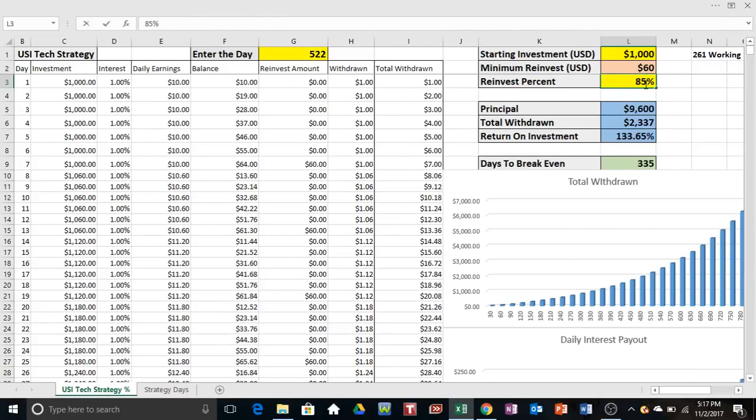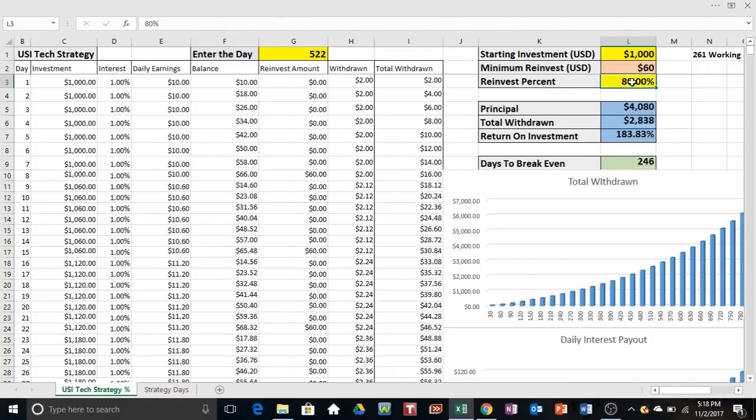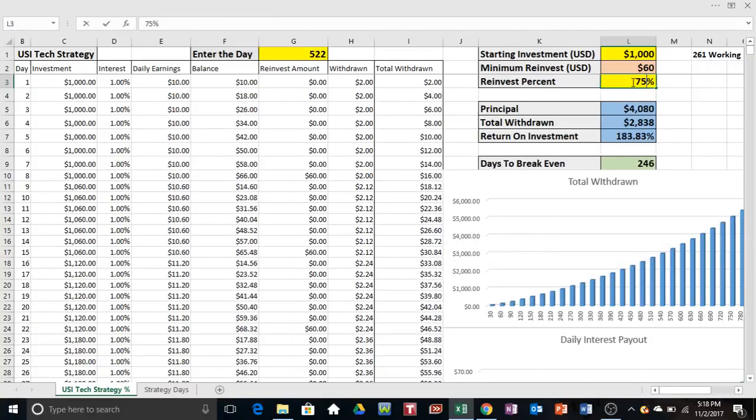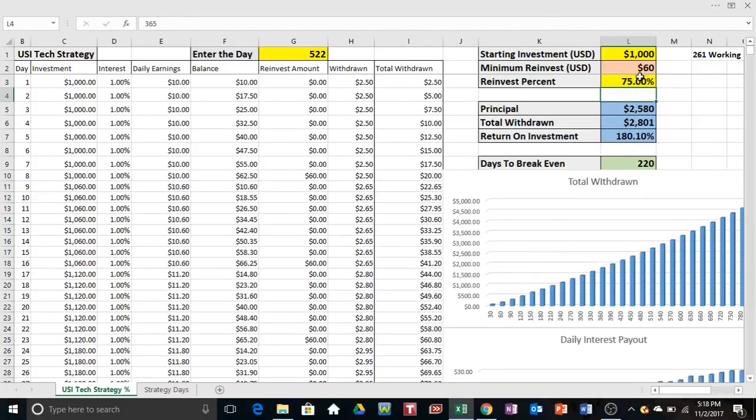And then if you take that down even more, you see $2,700 and $2,800, $2,800. So right around 75 to 80% is kind of like the sweet spot. It's the spot where you have continual growth, but you also max out your total withdrawn amount, the amount that you put back in your pocket. So you can kind of see that here with the different numbers that you play around with.